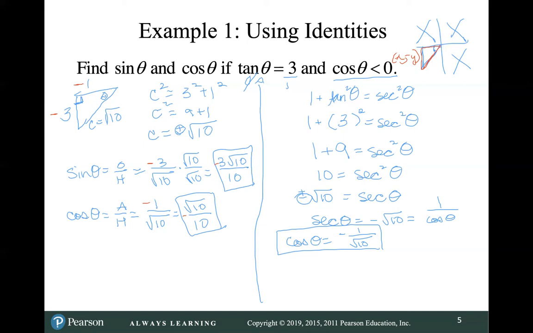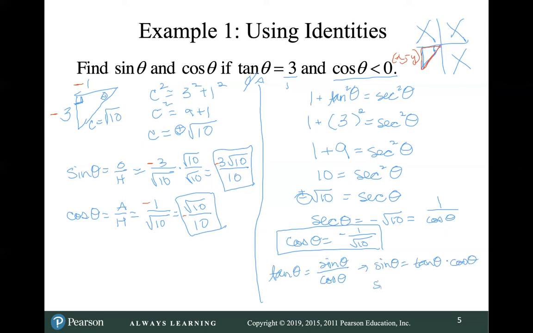Luckily, the quotient identity gives us this relationship. Tangent of theta equals sine of theta divided by cosine of theta, which means that I could say sine of theta equals tangent of theta times cosine of theta.